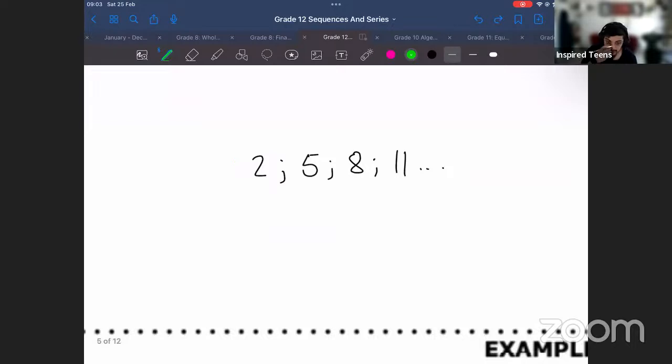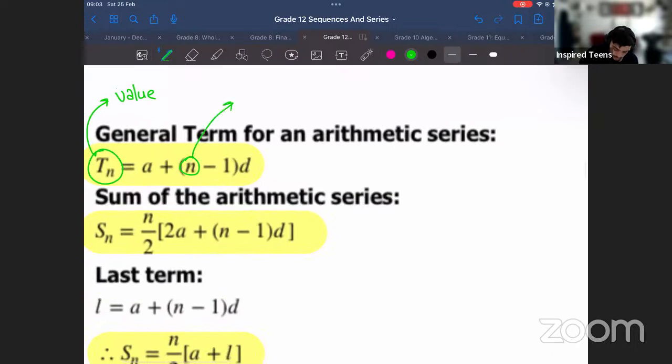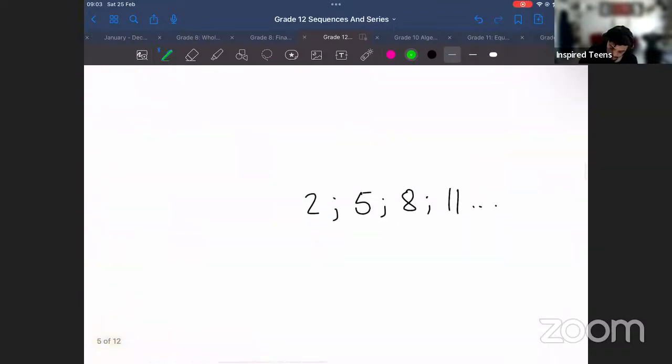Actually, remember we said the n is the term number. So we can describe this as T1 because n is 1, it's term number 1. We can describe this as T2 because n is 2, T3 and T4 and so on. So that's how we can discuss it.